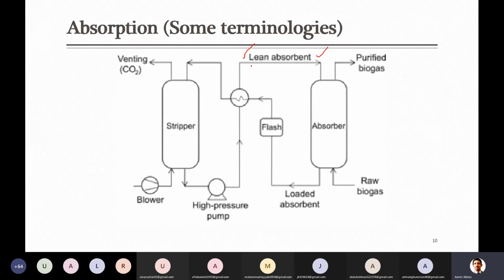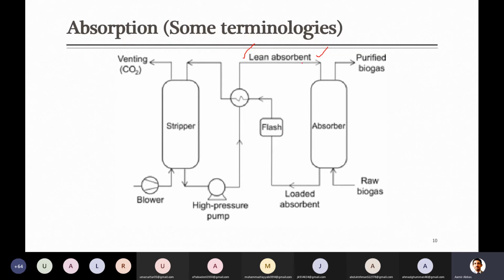So we reduce the temperature of the stream going to the absorber, while the other stream going to the stripper, we increase its temperature. So the temperature of both streams changes by some degree, and then it enters the stripper.